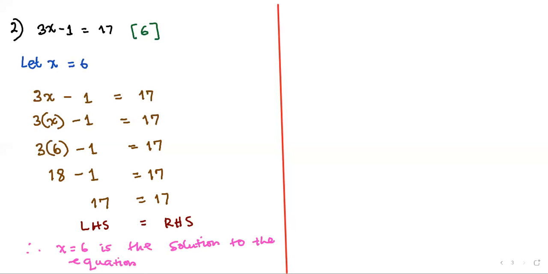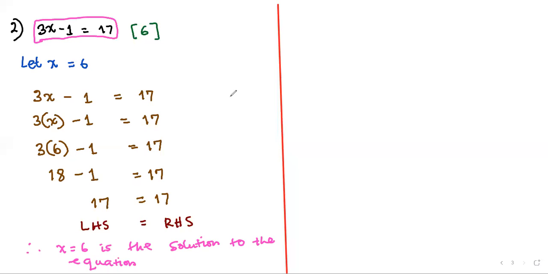Tana, what is our equation? x equals 6? No, x equals 6 is the solution. What is the equation? The equation is this one. You get it?